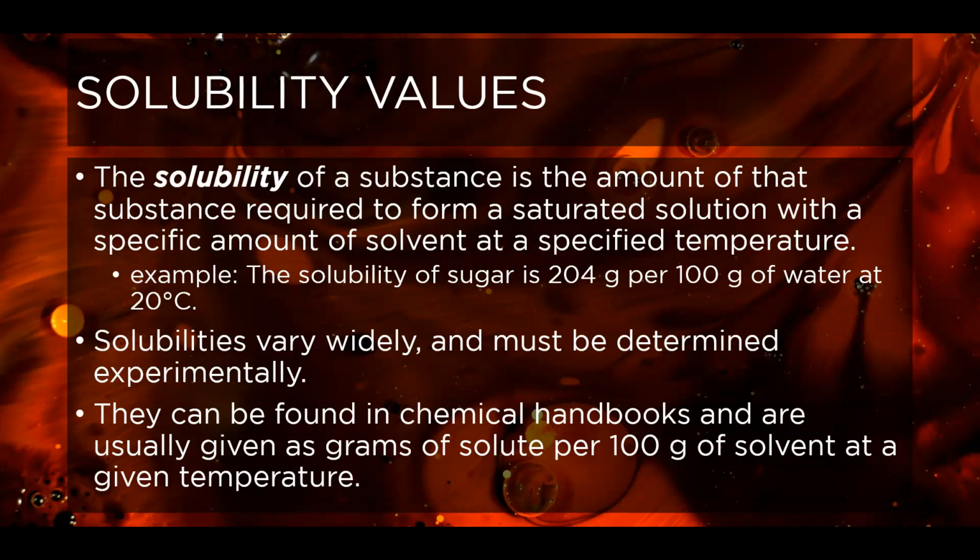These are things we have to determine experimentally because solubilities of solutions do vary quite a bit. And because these have been found experimentally, we can look in different chemical handbooks to find the solubilities per 100 grams of solvent at a given temperature.